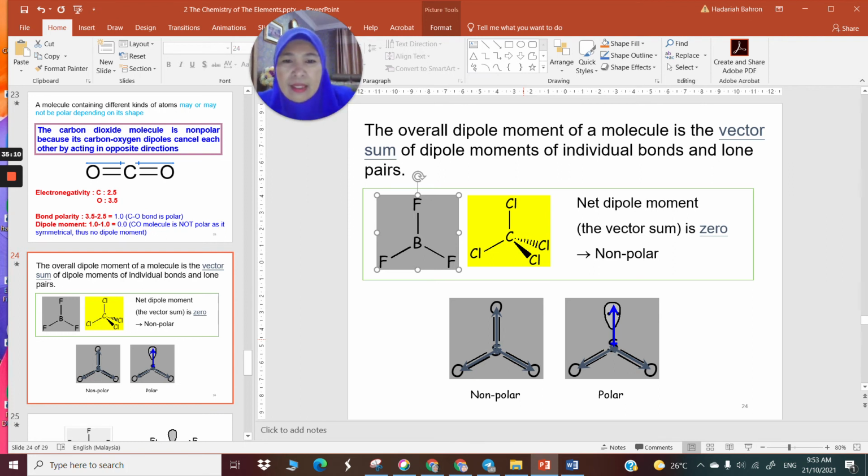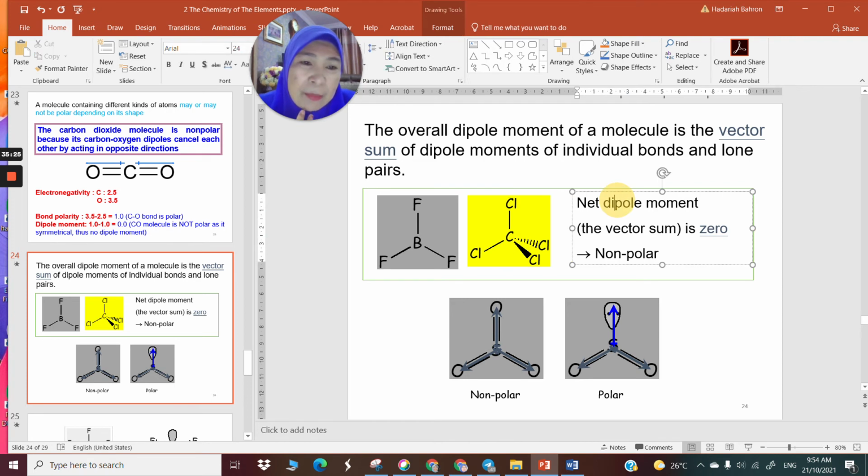The effect of the pull from this fluorine is cancelled by that one, and by that one. So this is a non-polar molecule. Similarly, this is also a non-polar molecule. The net dipole moment, or the vector sum, is 0, so you have a non-polar molecule.